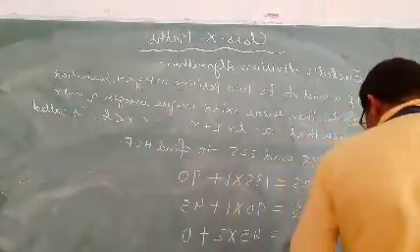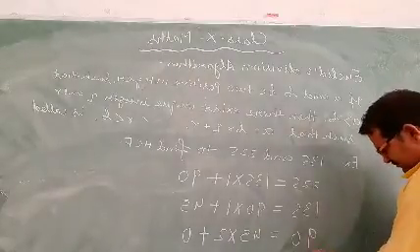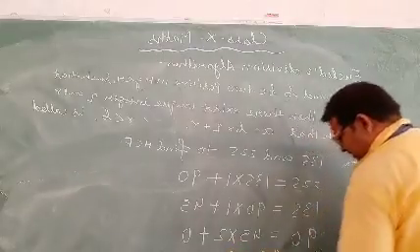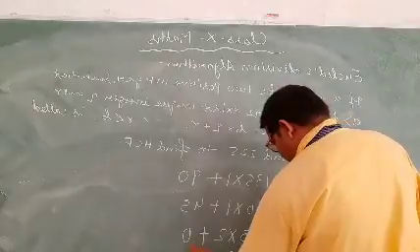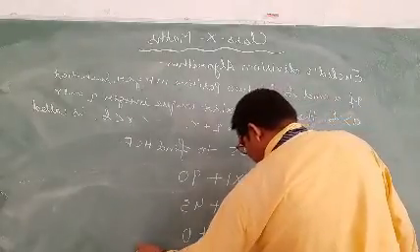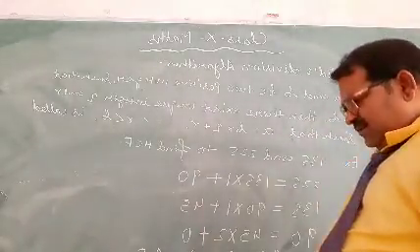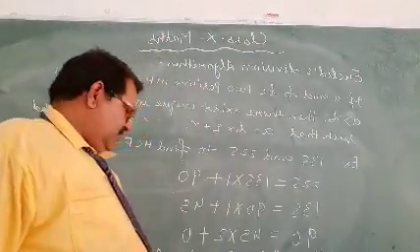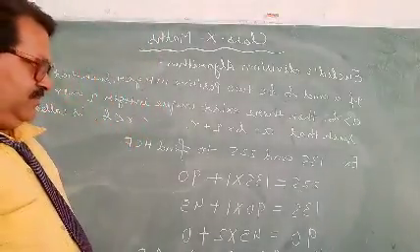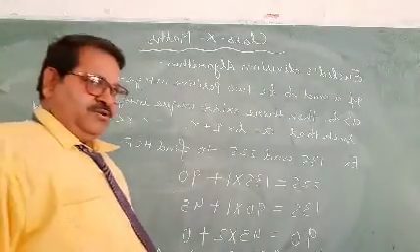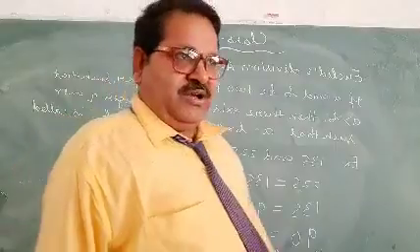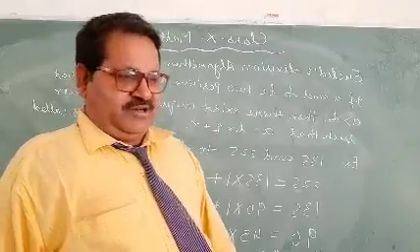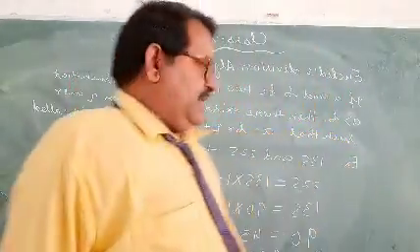So the HCF of 135 and 225 equals 45. This is an example to find the HCF of two numbers with the help of the Euclid division algorithm. Clear? Next.